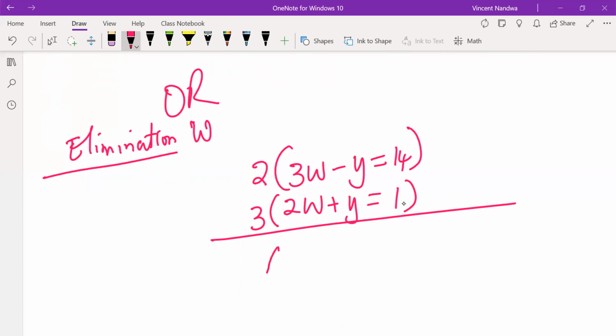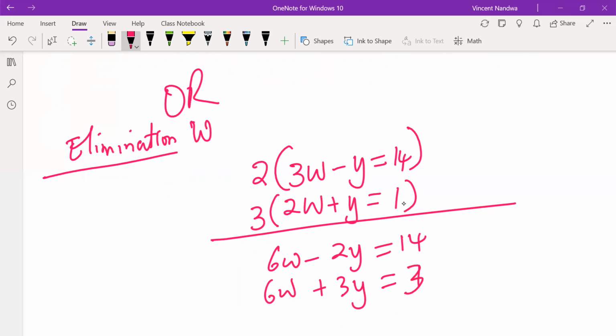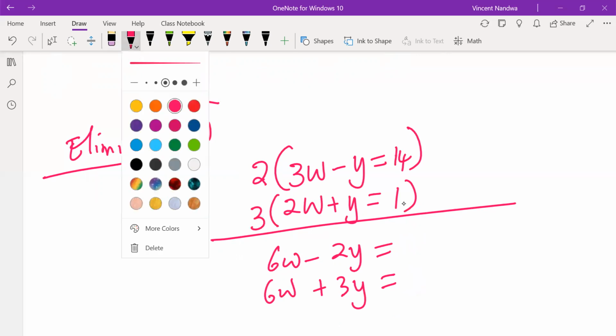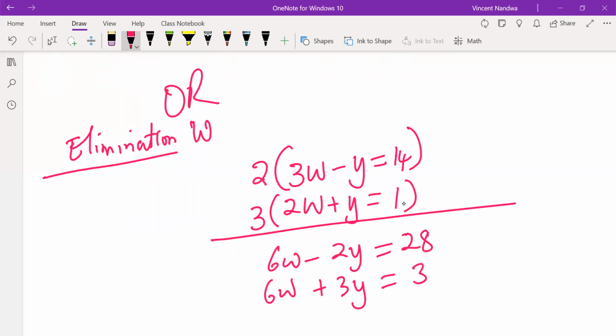So 2 by 3w is 6w minus 2y equals 2 by 14, which is 28. And this 3 by 2w is 6w plus 3y equals 3 by 1, which is 3. Now you subtract.